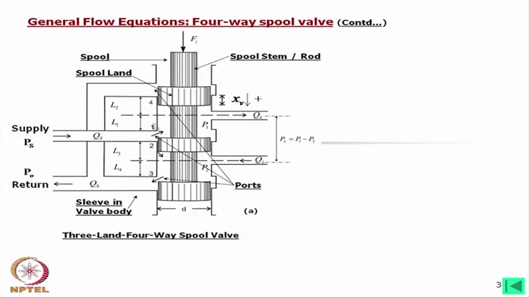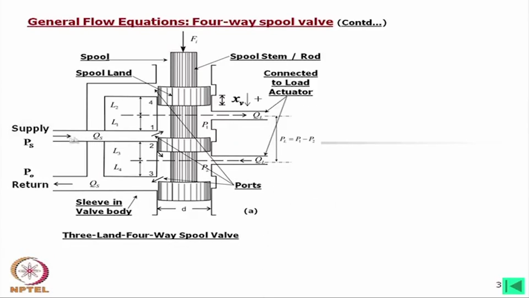Now, these are the ports. Now, these port configuration, their width, land width, position of these ports with respect to other ports, and the land width and distance between two lands, all are very important and accurately manufactured for good performance of the valve.